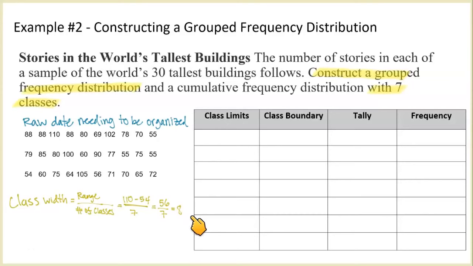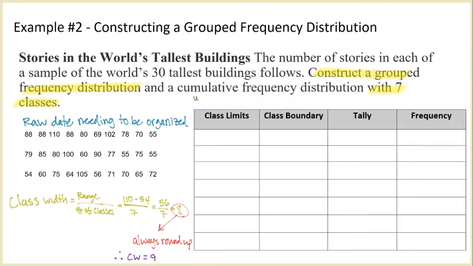I know this is already a whole number, but even if it were 8.1 or 8.5 or 8.9, or just 8 like it is now, we always have to round that value up to the next whole number. So the value that we're going to use for our class width is 9. This just helps us determine how large to set our limits.